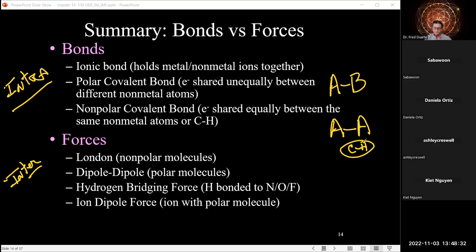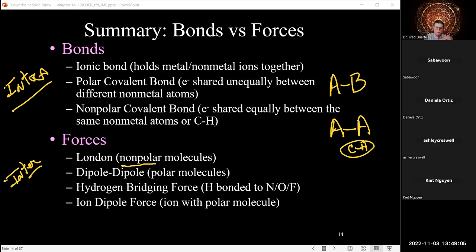All right. With respect to forces, we had London forces, which are assigned to molecules that are nonpolar. So all nonpolar molecules, the only intermolecular force they have are London forces. They may have polar bonds, that's important, but the polar bonds cancel out, resulting in a nonpolar molecule.